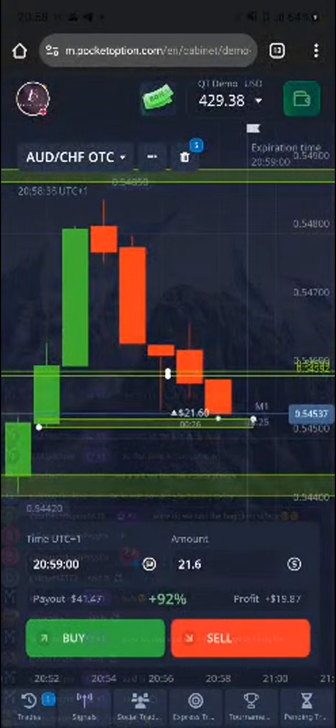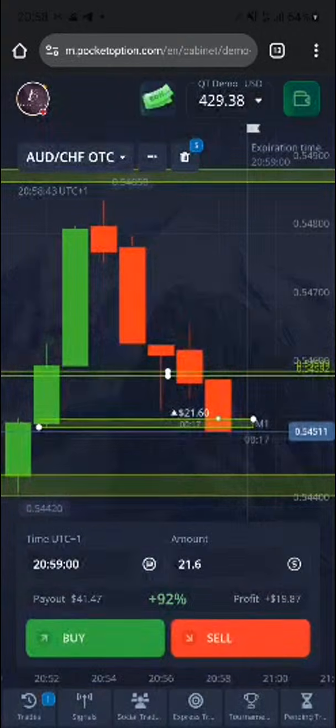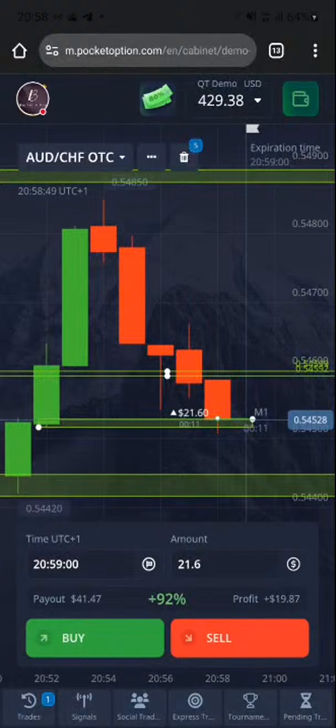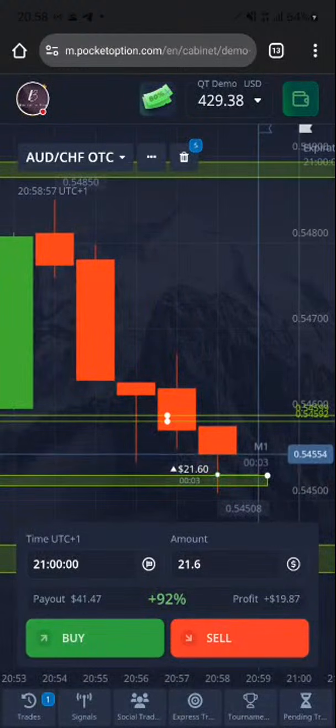So we are taking one right here. If it pulls down and comes under this round number, I'll take another one. I'm waiting for it patiently. Okay, thank you for the pullback. Okay, fine.